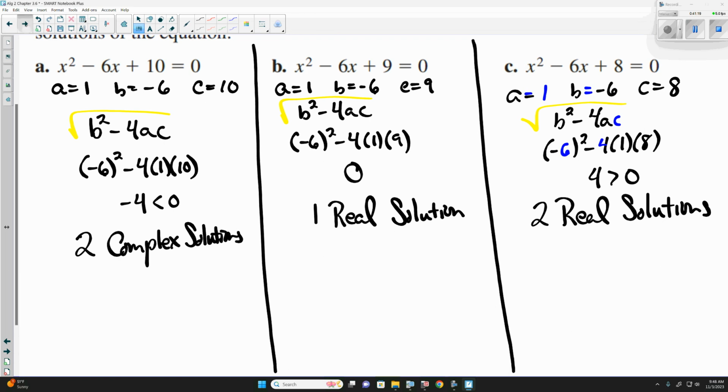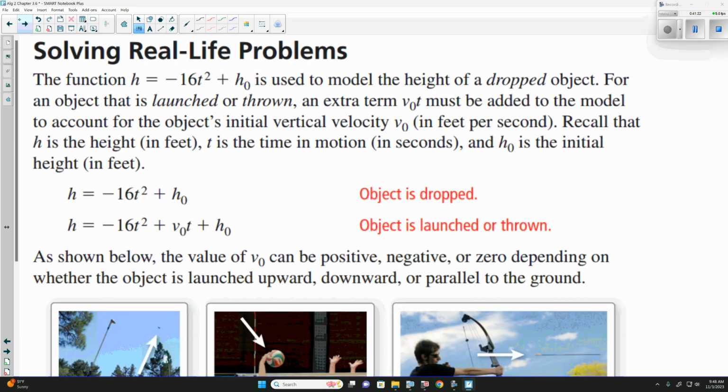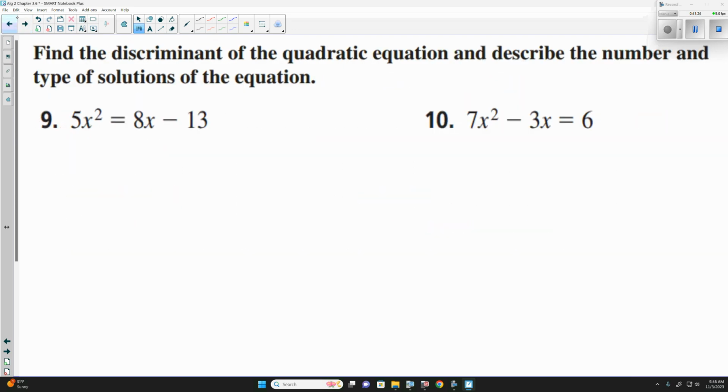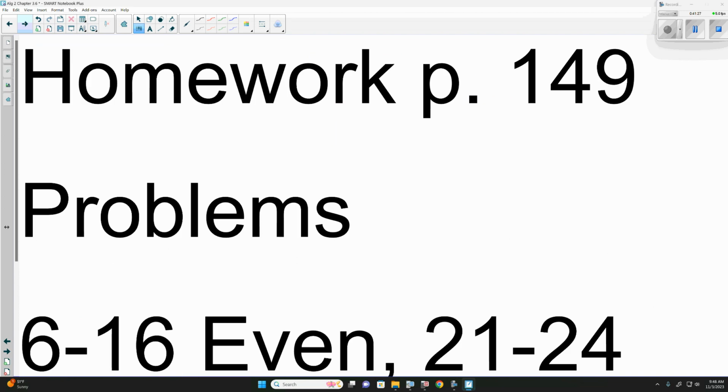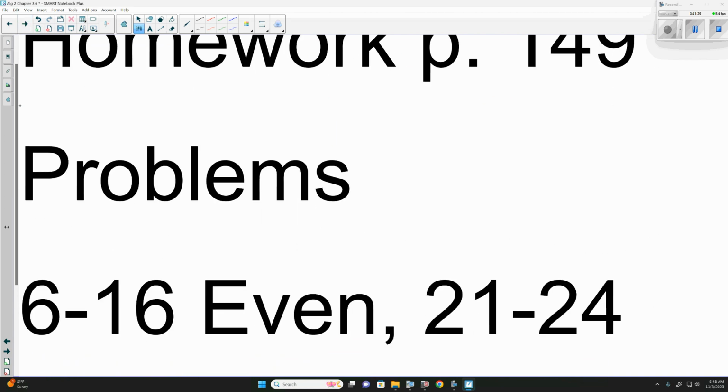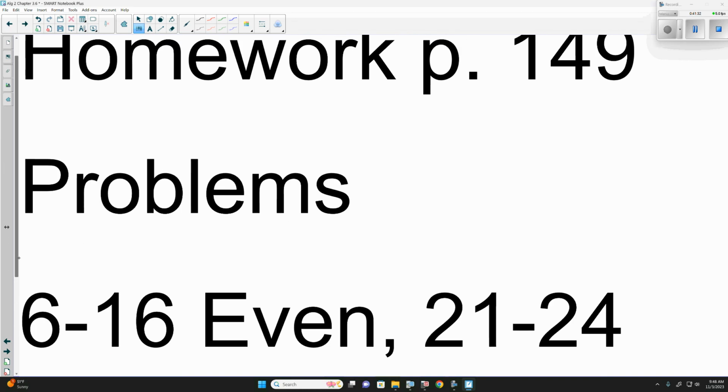Yes? Mm-hmm. Problems 6 through 16 even is using the quadratic formula to solve. And 21 through 24 is find the discriminant of this quadratic equation, determine the number and type of solutions.